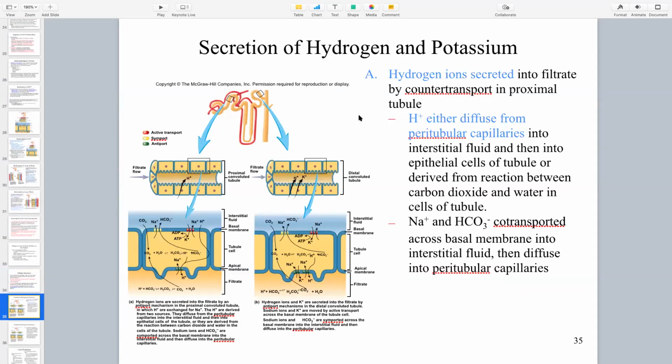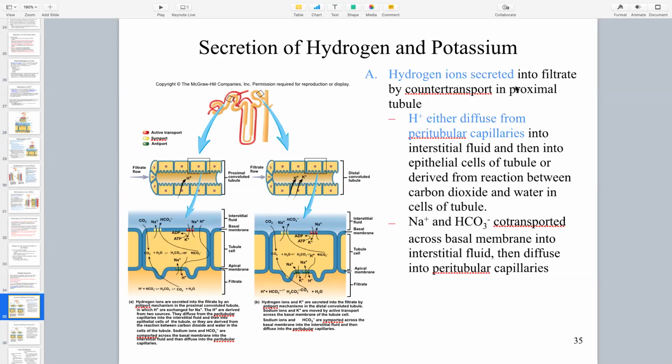Hydrogen and potassium. There's a reason why our urine can be slightly, even more than slightly, acidic. The concentration of hydrogen is what makes something acidic. The more hydrogen ions, the more acidic it becomes.